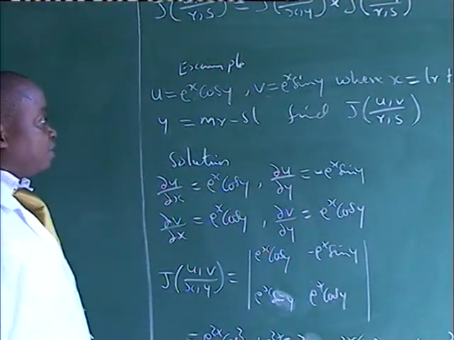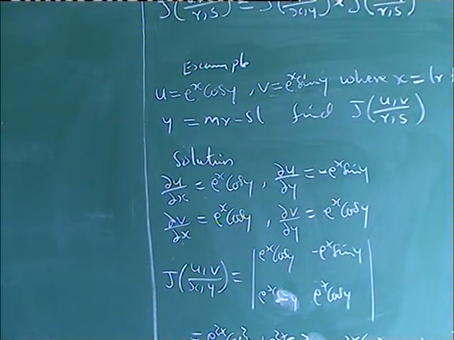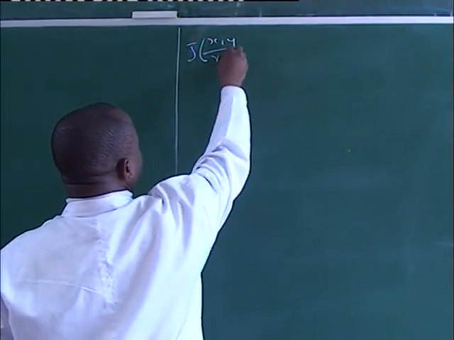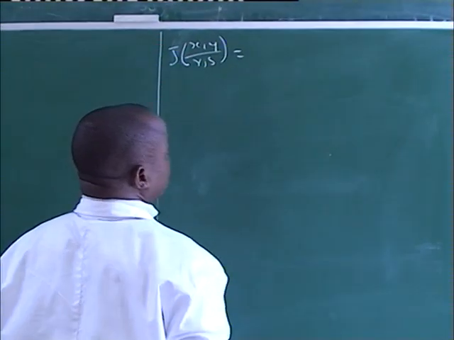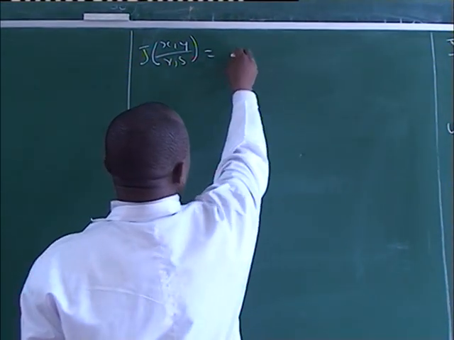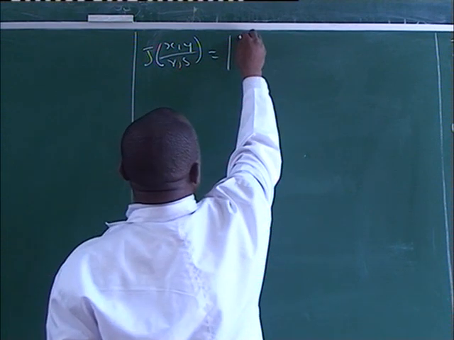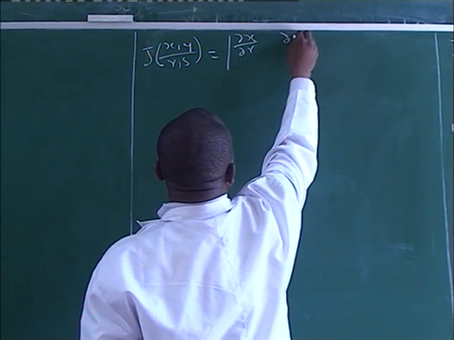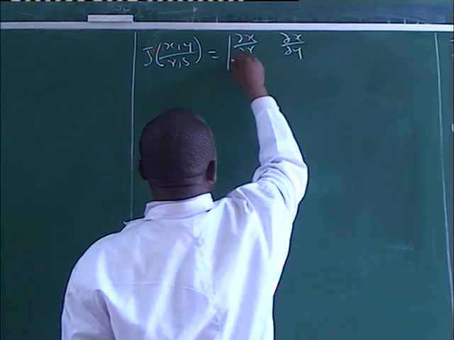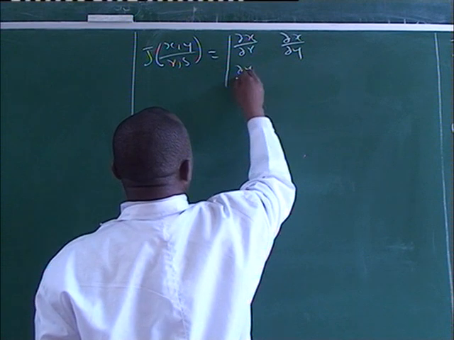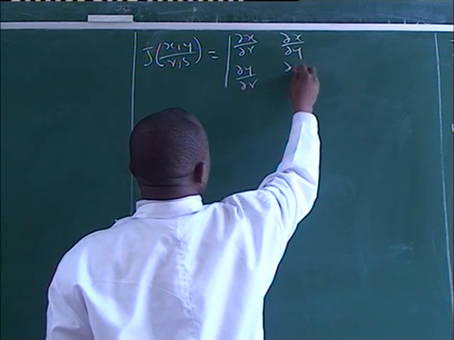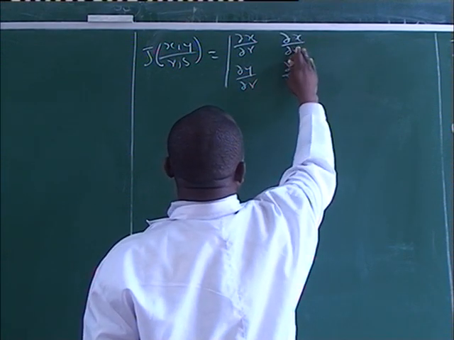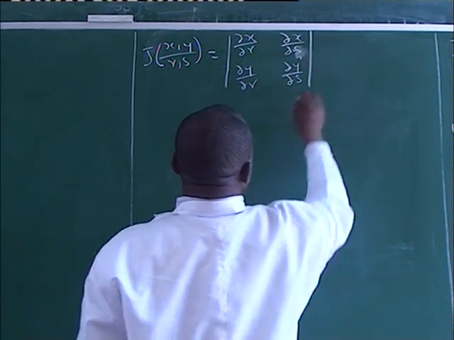Now, what we need now is to also take the Jacobian of xy with respect to rs. That is what we want to take now. Now, the Jacobian of xy over rs will be the same as the determinant of partial x, partial r, partial x, partial s, then partial y, partial r, partial y, partial s.